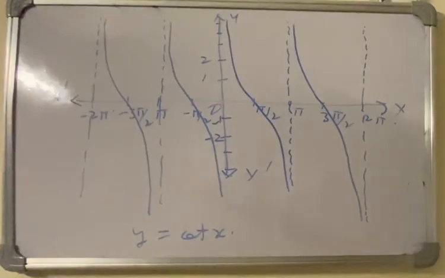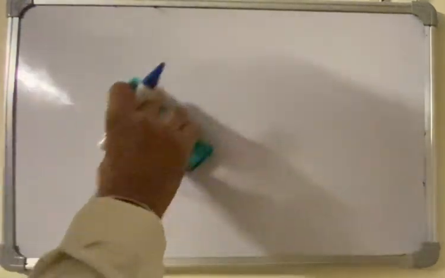Then next we take graph of cosecant x, cosecant function.